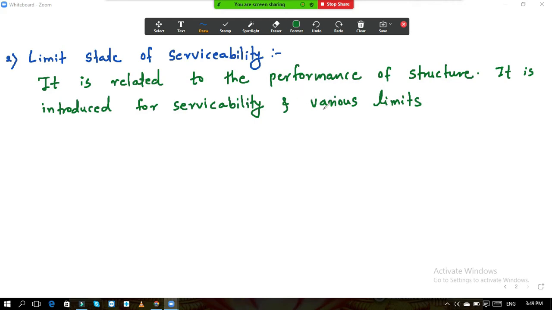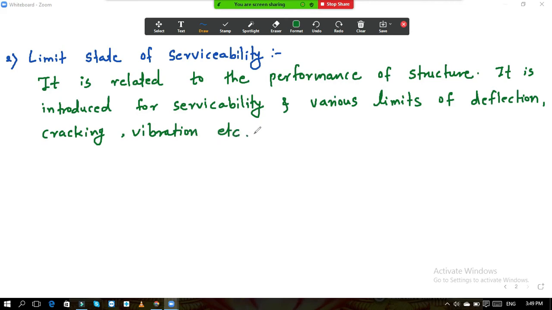Here you write down the various limits of deflection, then cracking, vibration, etc.